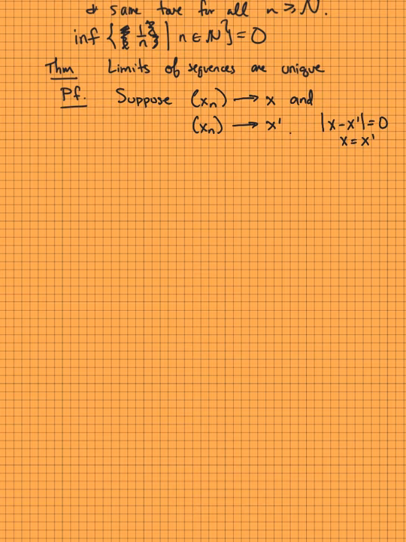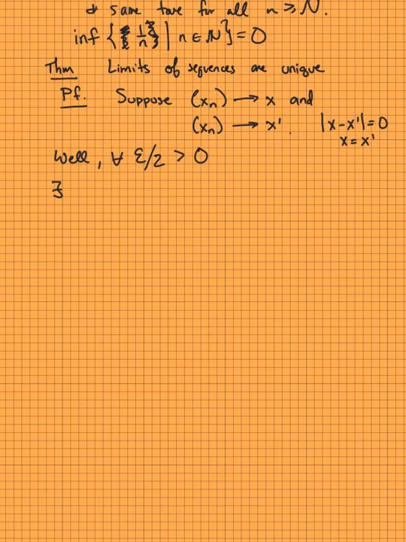So what do we know? Since xn converges, for any epsilon over 2 greater than 0. You can do this for any epsilon, it's just convenient to take that epsilon and divide it by 2, just to make it look a little prettier later.